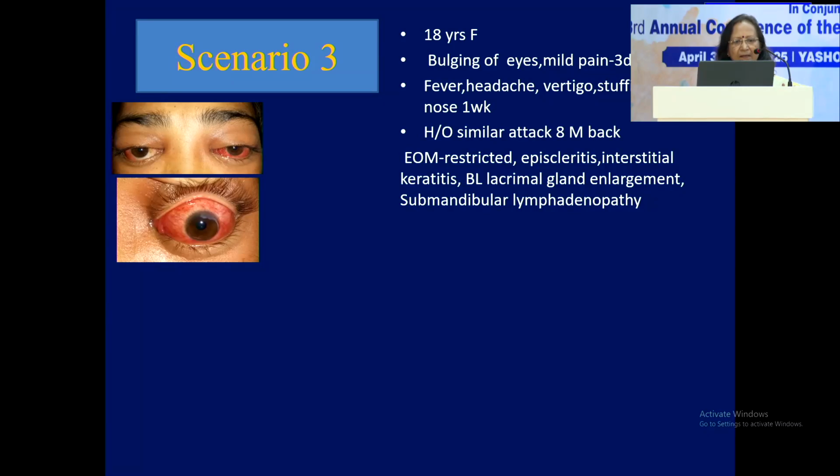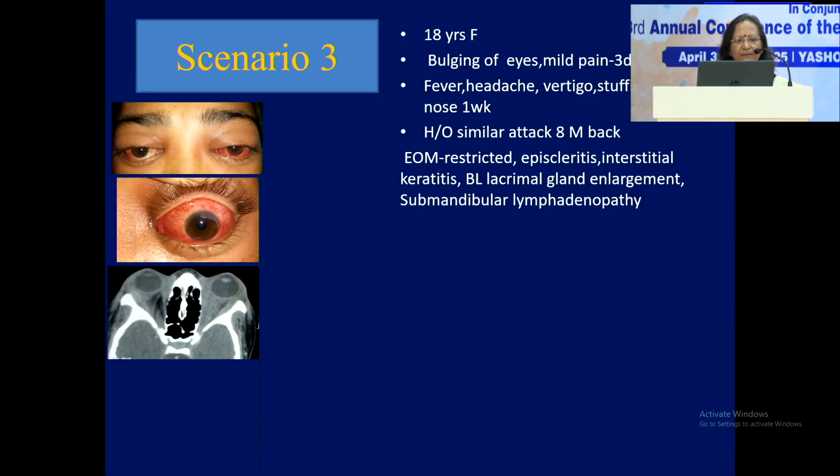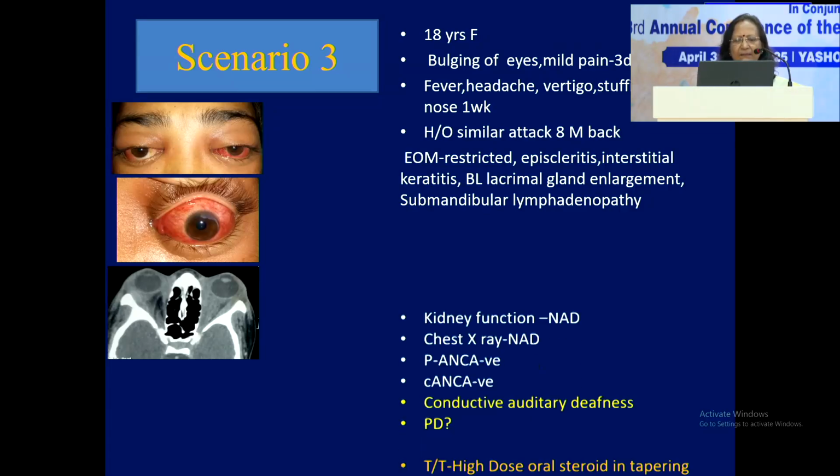There was congestion of the eyes, episcleritis, interstitial keratitis. As you can see, the interstitial keratitis is at the periphery, along with submandibular lymphadenopathy. This was the CT picture, showing lacrimal gland enlargement and the fat plane obliterated, as you can see.